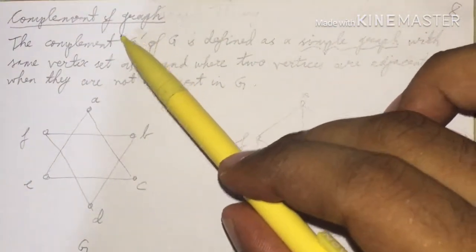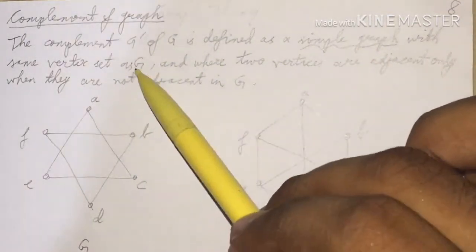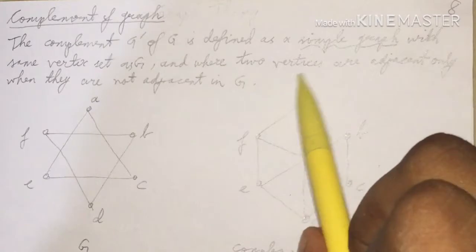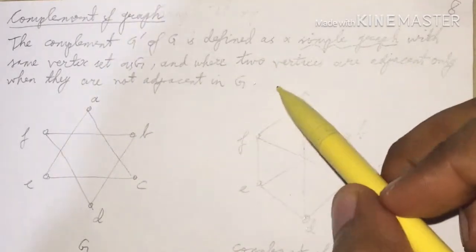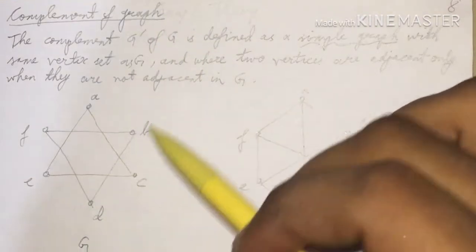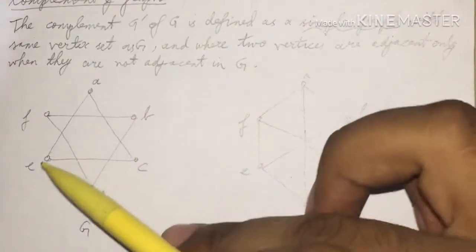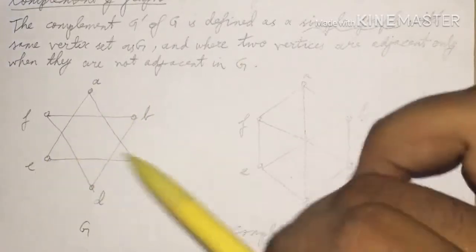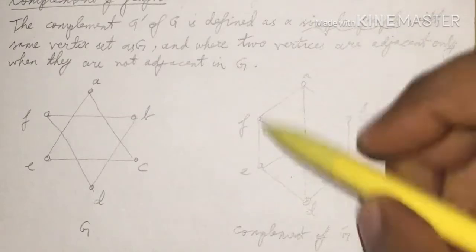Complement of a graph. The complement G prime of G is defined as a simple graph with the same vertex set as G, and two vertices are adjacent only when they are not adjacent in G, and vice versa. So we have the main graph G. We notice that in the complement, whatever edges are present, or in other words where the vertices are adjacent, they are not adjacent in the complement.